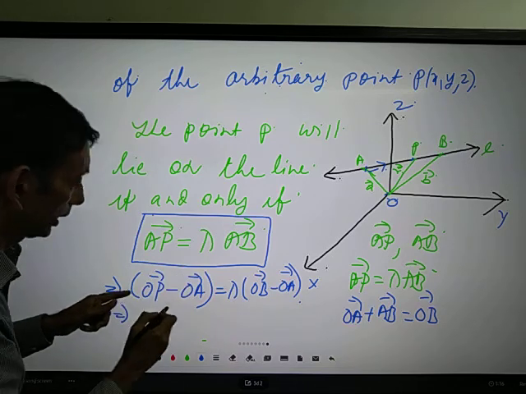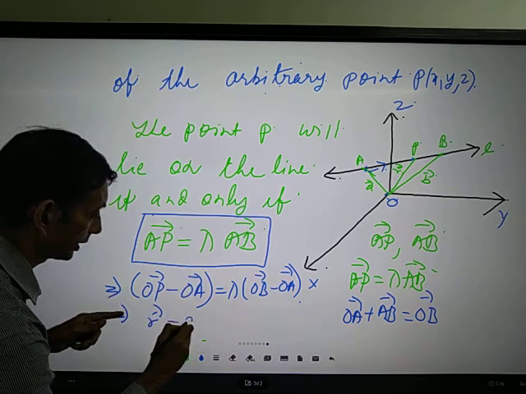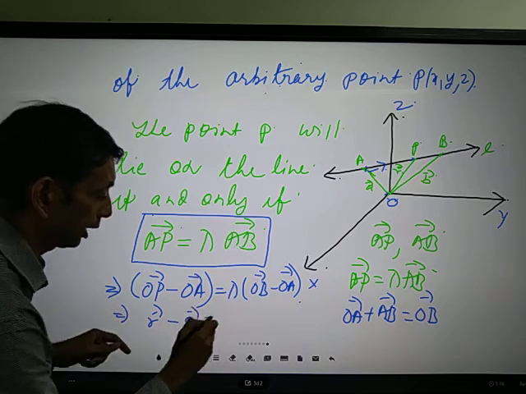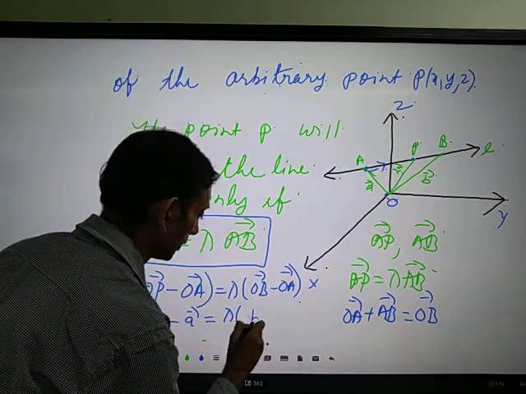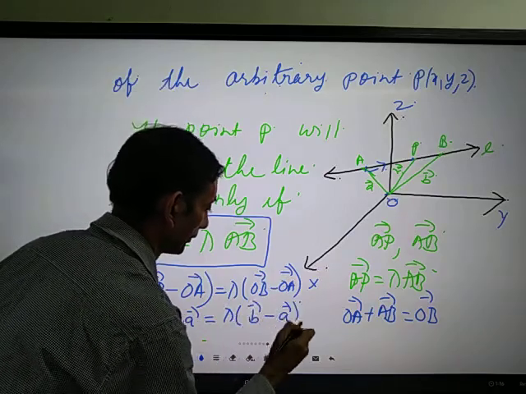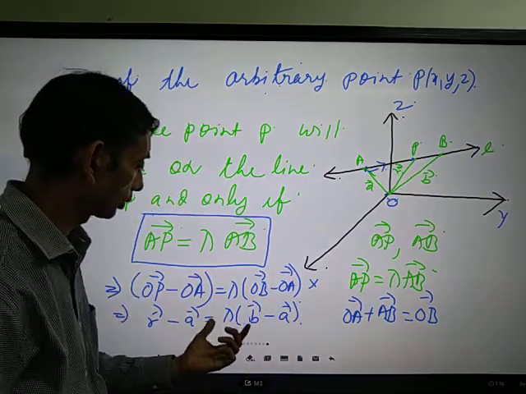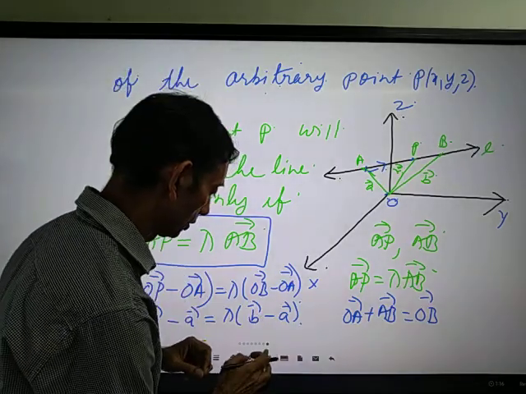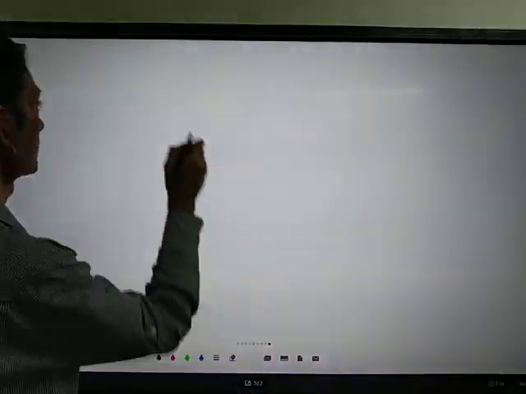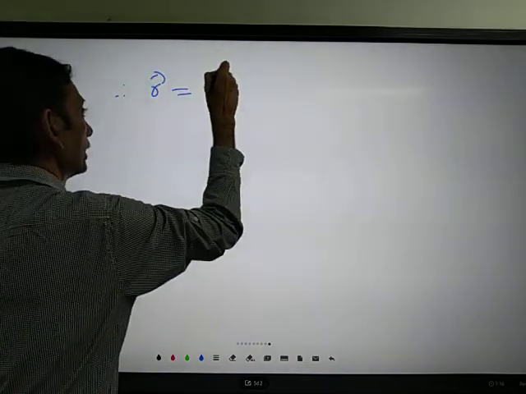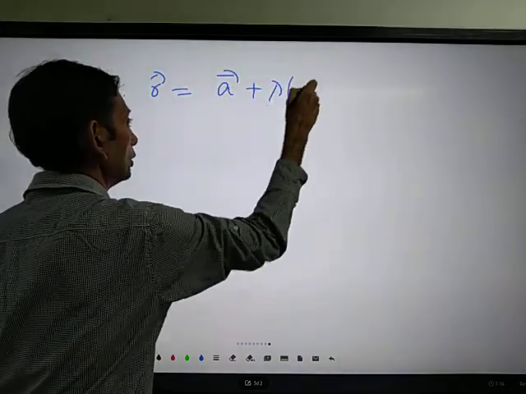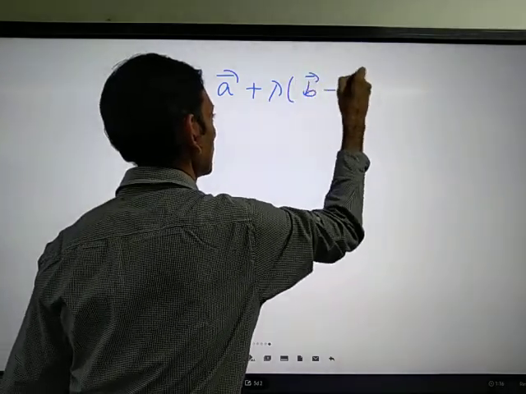OP is vector R minus A equal to lambda times OB, which is vector B minus A. So R minus A equal to lambda, B minus A. Therefore, R equal to A plus lambda, B minus A.